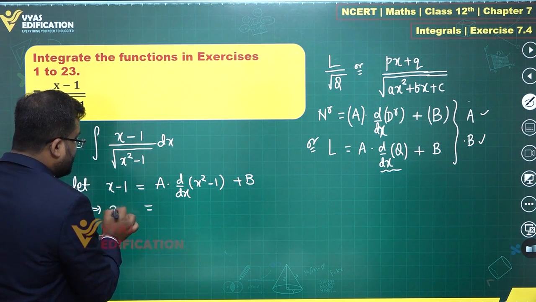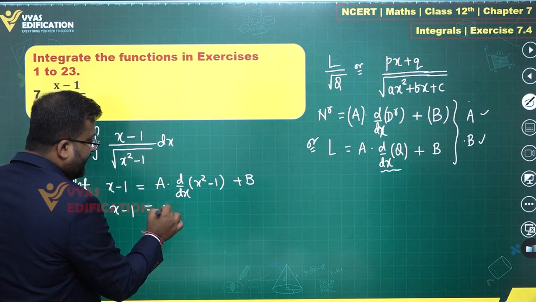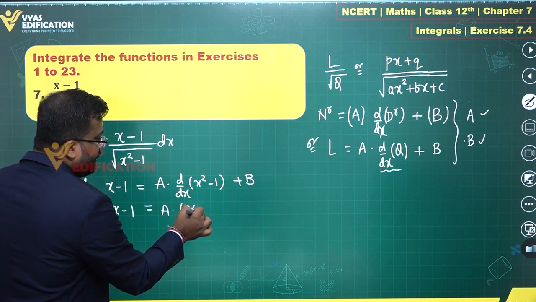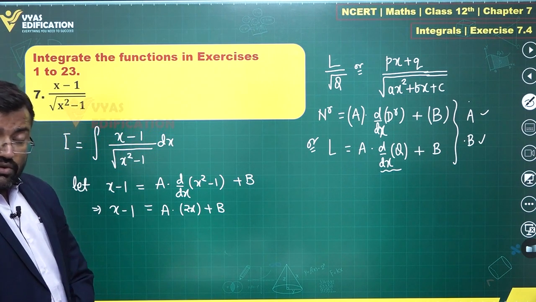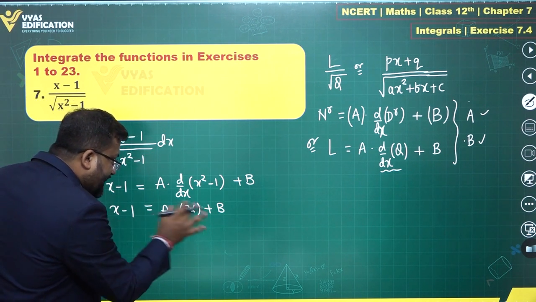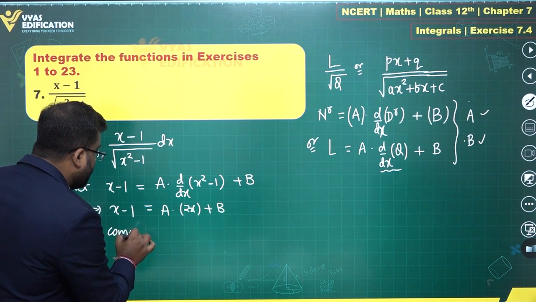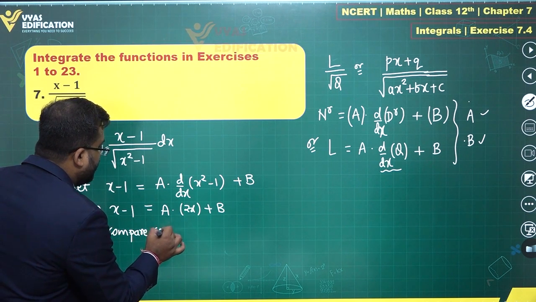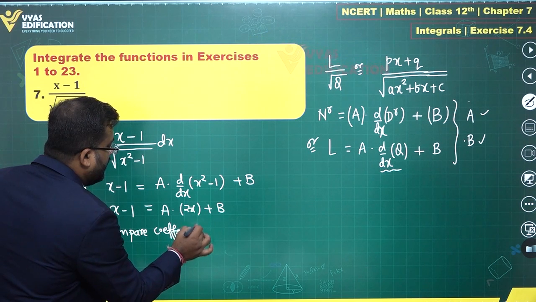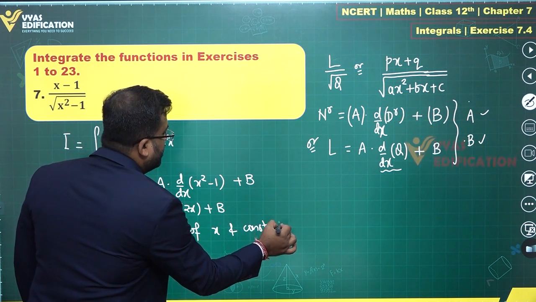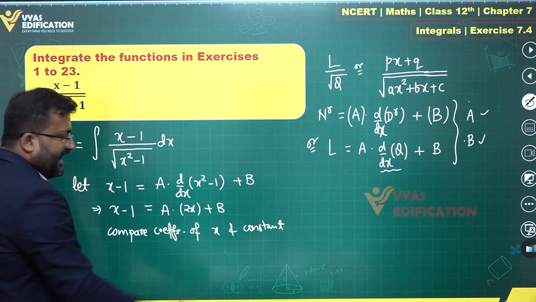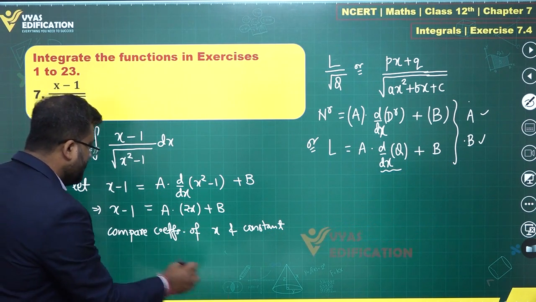This tells me x minus 1 is always equal to a times 2x plus b. Is it not? Please observe this. Since this is always equal to this, simply compare coefficients of x and the constant term.